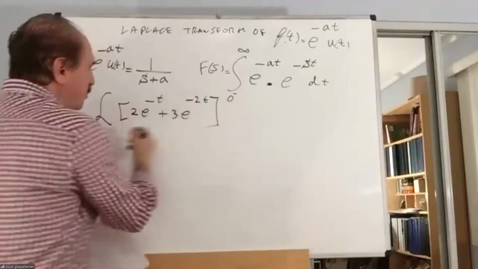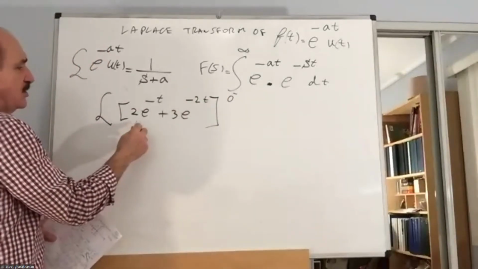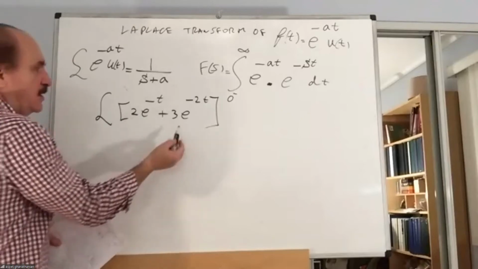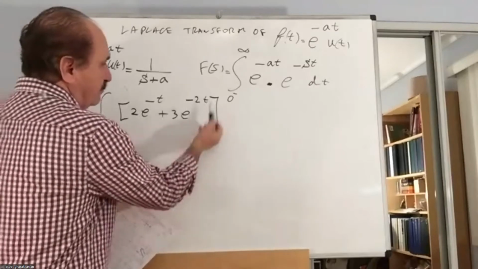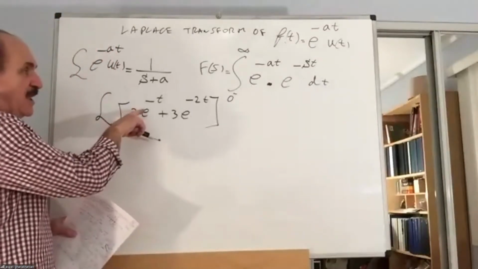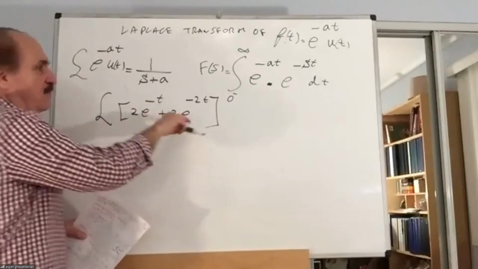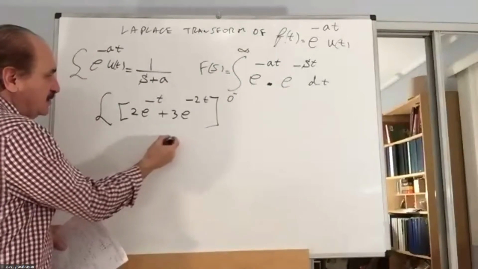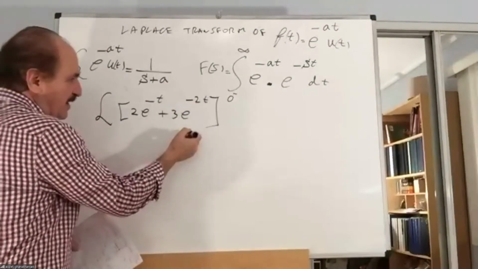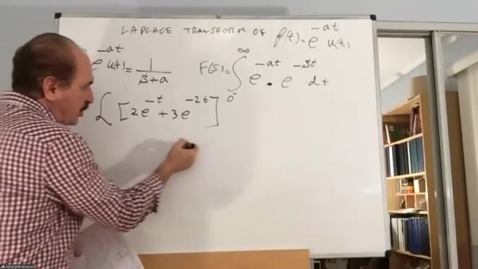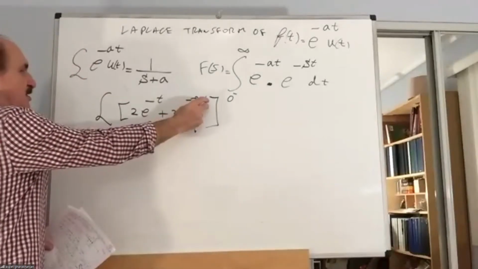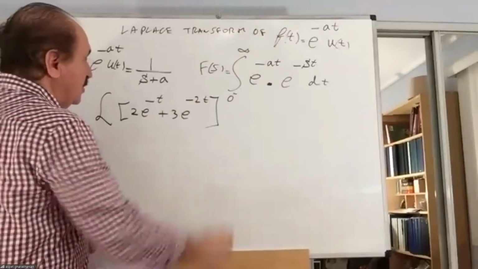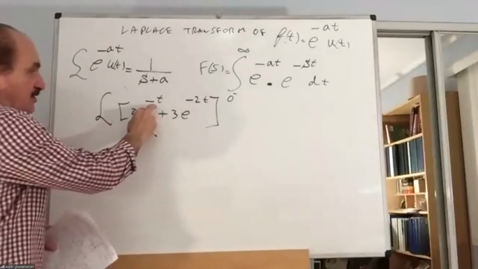So we have two functions here. One is 2 times f1. The other one is 3 times f2. Look at A. A is 1 in here. A is 2 in there. They are both decaying. This one decays slower because its time constant is larger than this time constant.